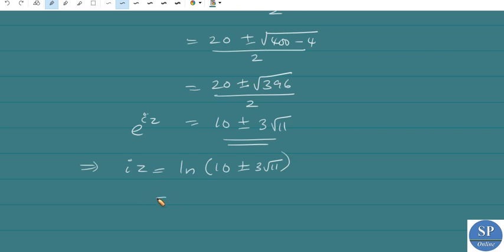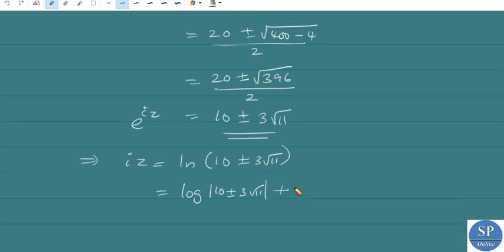So ln of 10 plus or minus 3 root 11 is nothing but log of modulus of 10 plus or minus 3 root 11 plus i into argument of 10 plus or minus 3 root 11. We have 10 plus 3 root 11 is positive and 10 minus 3 root 11 is also positive because 3 root 11 is less than 10.